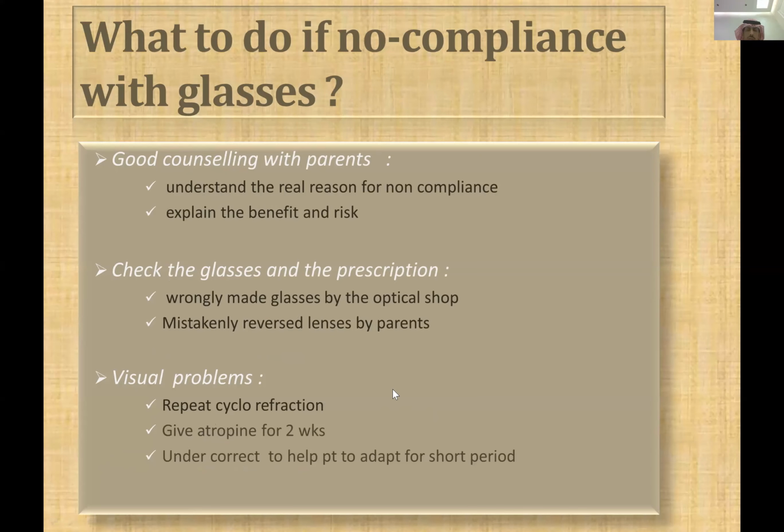So you should make a good counseling, understand the real reason for non-compliance, then explain to them the benefit of wearing the glasses, or their importance, and the risk of not wearing the glasses. You should also warn them that vision will be lost. The child will go into deep amblyopia. He will not have a chance of acceptance in the military field or whatever, or medical field. So you should warn them with strong words.